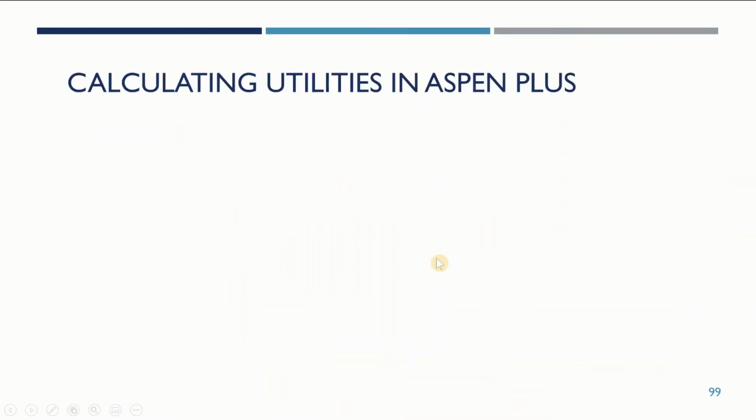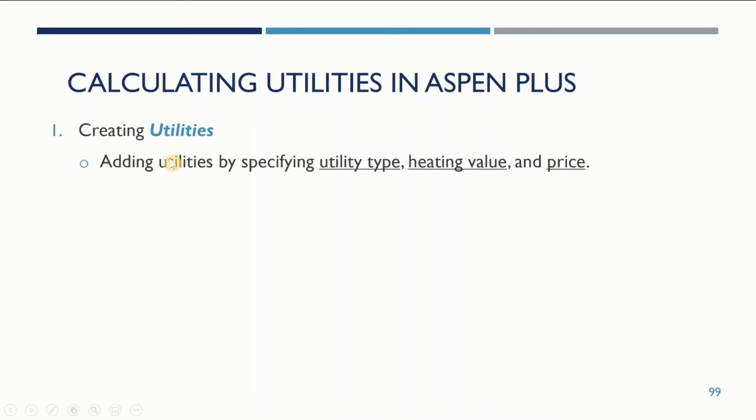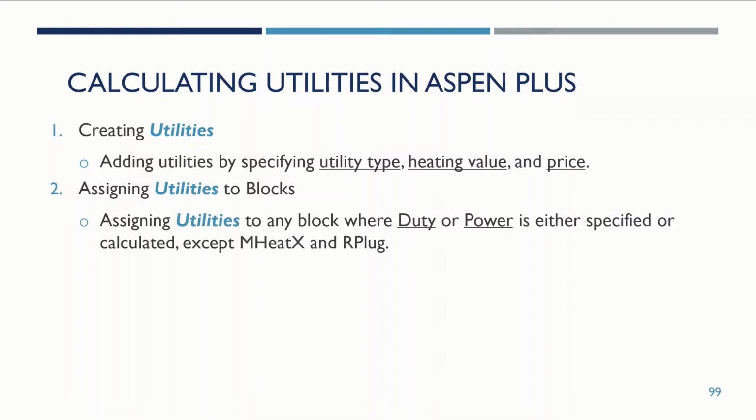To perform the utilities calculation in ASPEN Plus, there are 3 simple steps to follow. First, you need to add all utilities supplied to the process by specifying utility types, heating values, and price of the utilities. Second, you need to assign the created utilities to any block where duty and power is either specified or calculated, except MHeatX and RBlock.